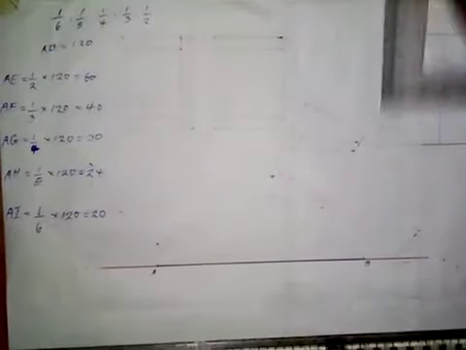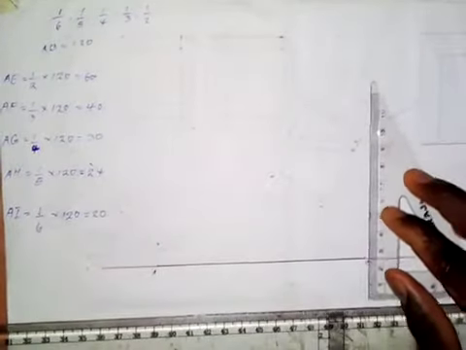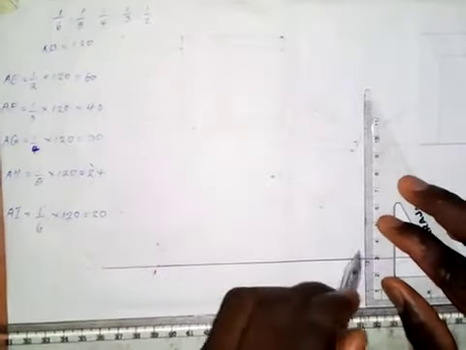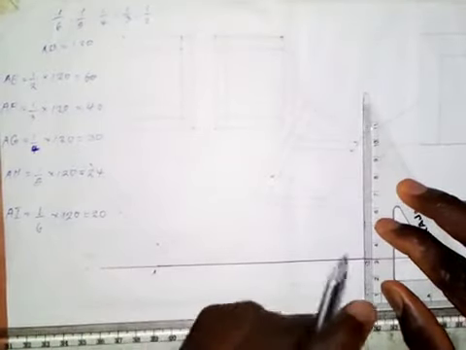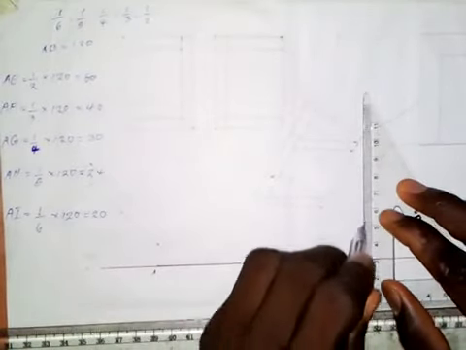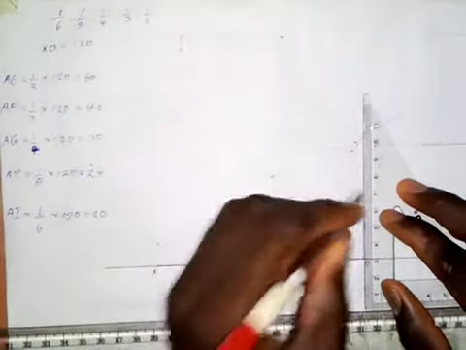The next thing we are going to do is to make this a rectangle. I will draw a vertical line from here to here.